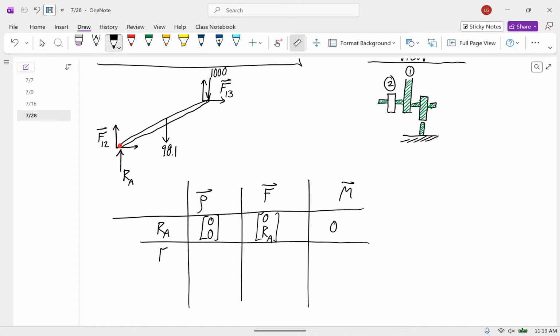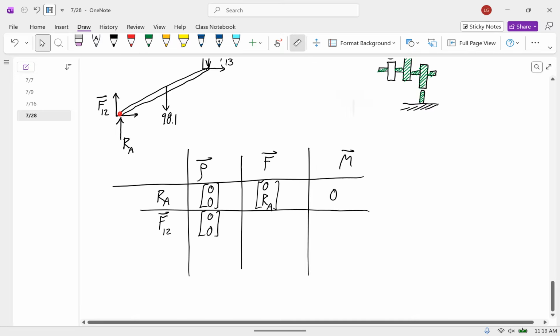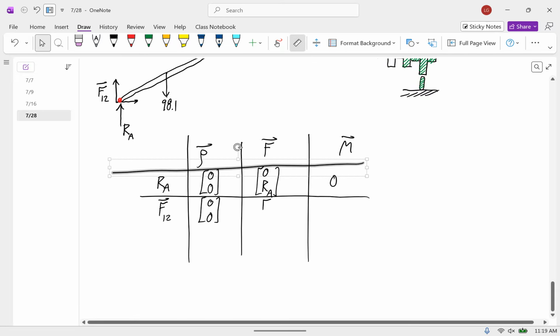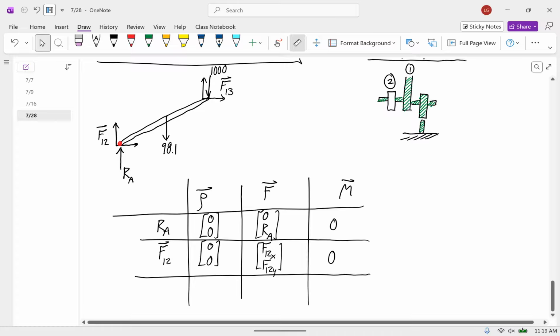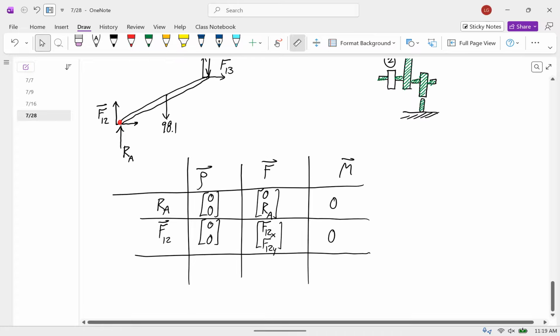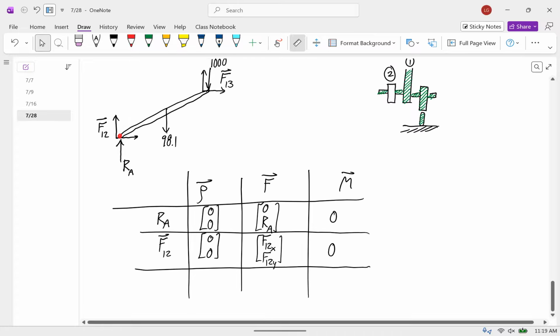And then I'll do F12. It's the same row vector of 0. The components are F12x, F12y. Cross product is 0. Then I'll go to the other end and then I'll use that midpoint thing.